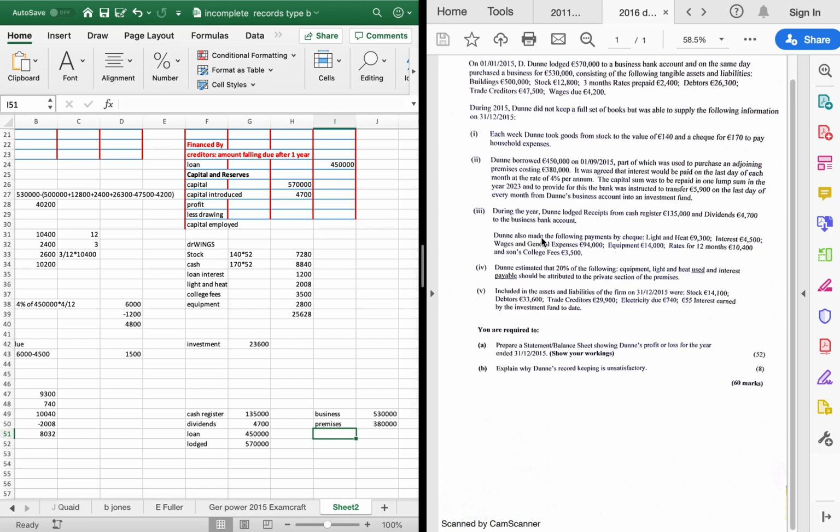And we made all of these payments here. So there's light and heat 9,300. The interest 4.5. The wages 94,000. The equipment 14,000. The rates 10,400.